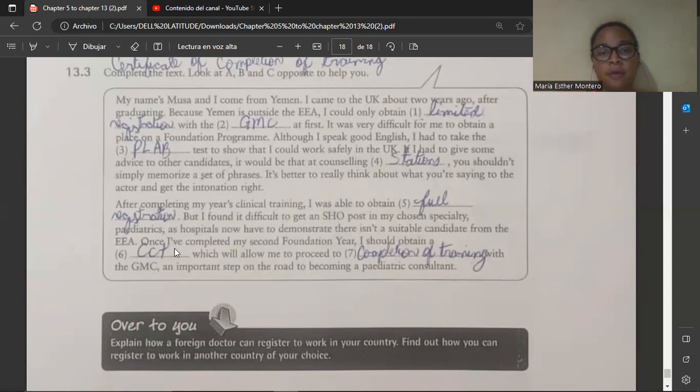Once I've completed my second foundation year, I should obtain a CCT, which will allow me to proceed to completion of training with the GMC, an important step on the road to becoming a pediatric consultant.